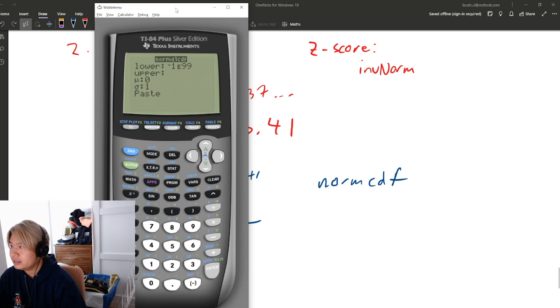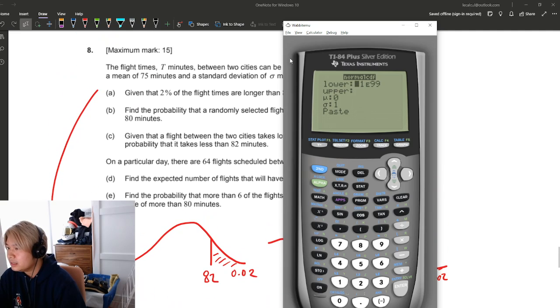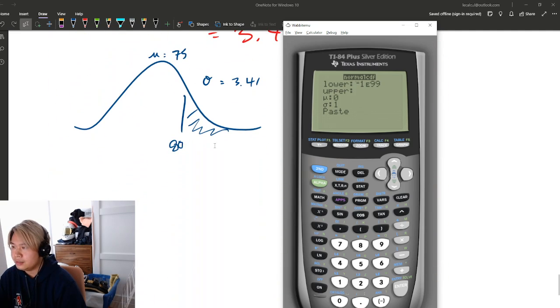And I want to find out when it's more than 80. So my lower boundary is 80. My upper boundary, I don't have one, so we're just going to choose a large number. Oops, that's not that large. There you go, 10 to the power 99. 75 is my mean, and my standard deviation is 3.41.